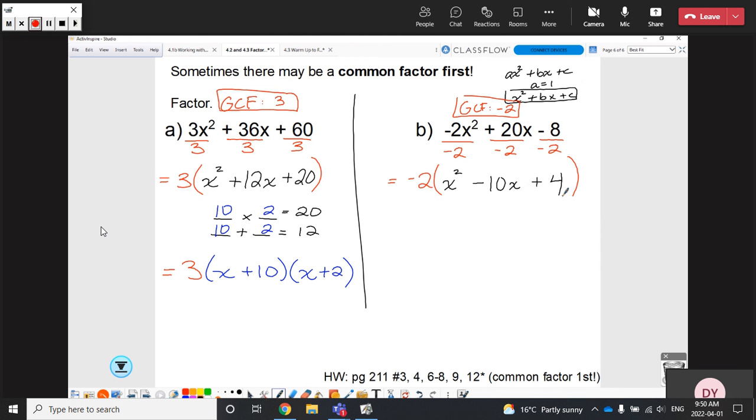Now, our next move, by nature, should be, can we factor this trinomial? Are there two numbers that multiply to 4 and then add to negative 10? Do those numbers exist? No, they don't exist. So we can't actually factor any further than this.